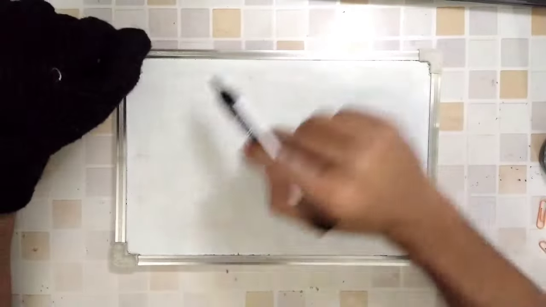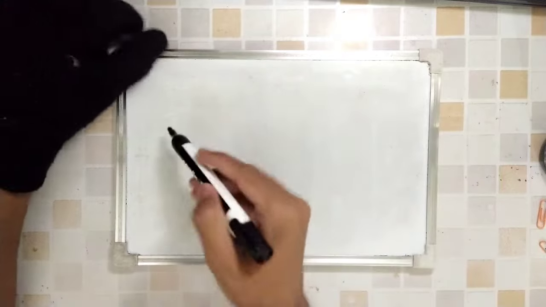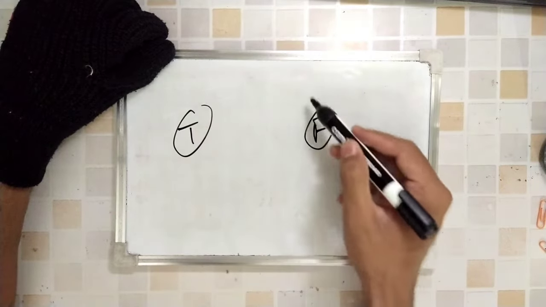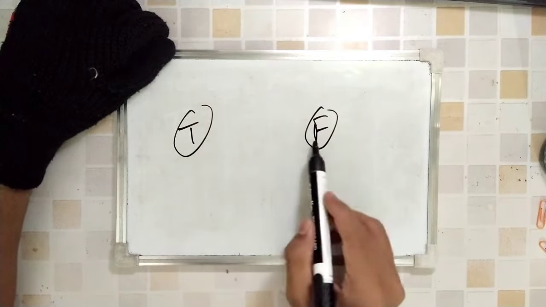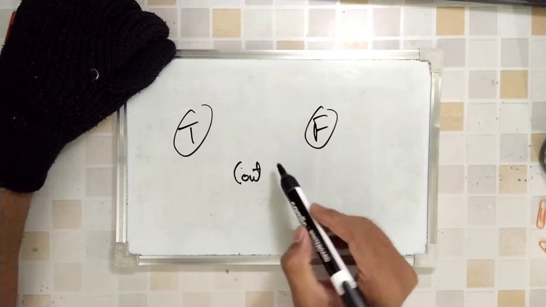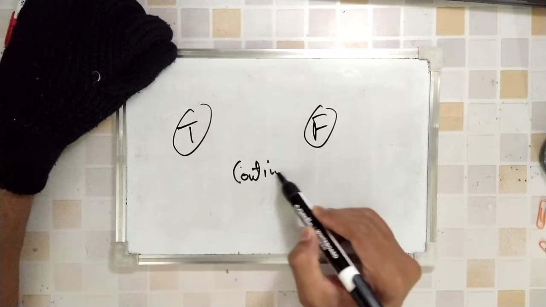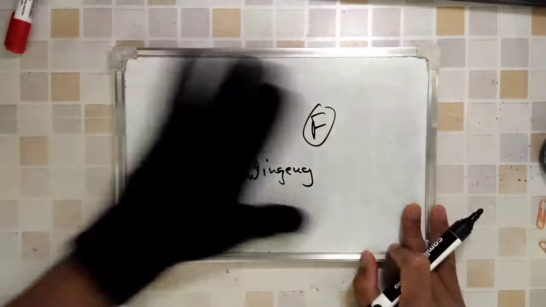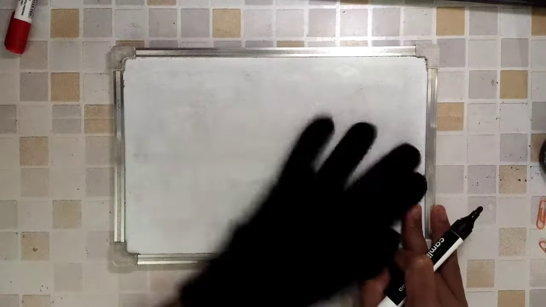Every time it cannot always be a tautology or contradiction. If it is every time true, it's a tautology. If every time false, it's a contradiction. If it is neither, then it is known as contingency. Contingency is the normal situation where it can either be true or false. We will have mixed values.